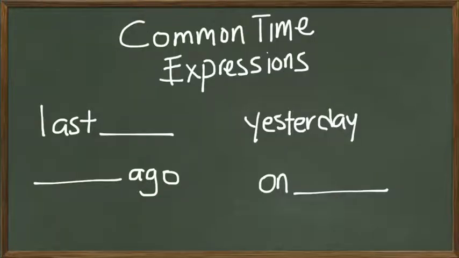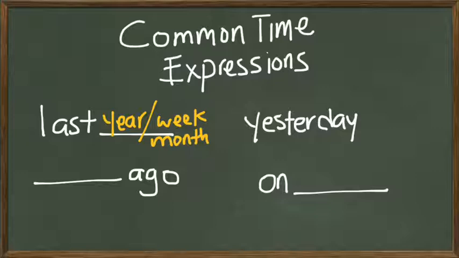One more last thing that you should not forget. Common time expressions. We have last, for example, last year, last week, last month. The second one, also very common, ago, is more dynamic. You can use expressions or also you can say numbers.